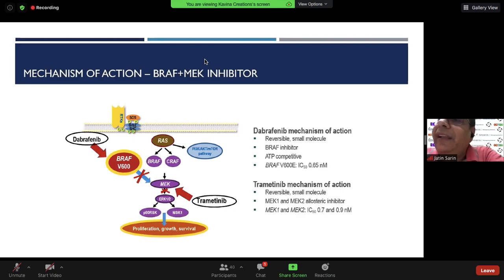It has been shown that BRAF V600E mutation constitutively activates BRAF and the subsequent pathway. When you inhibit BRAF, then MEK becomes constitutively activated, and that is inhibited by MEK inhibitor, that is trametinib. Next slide, please.